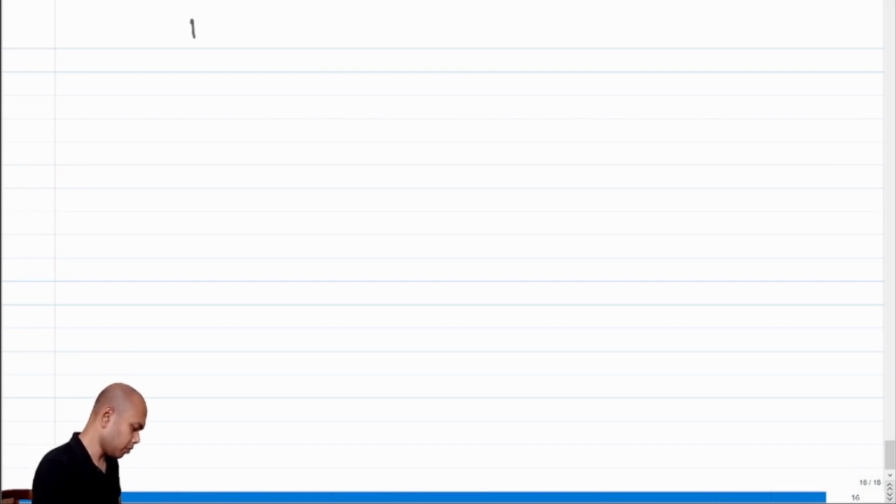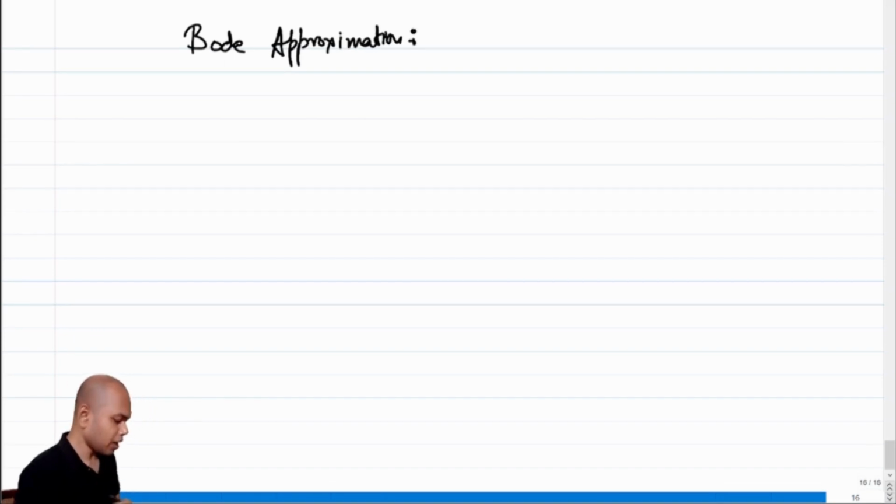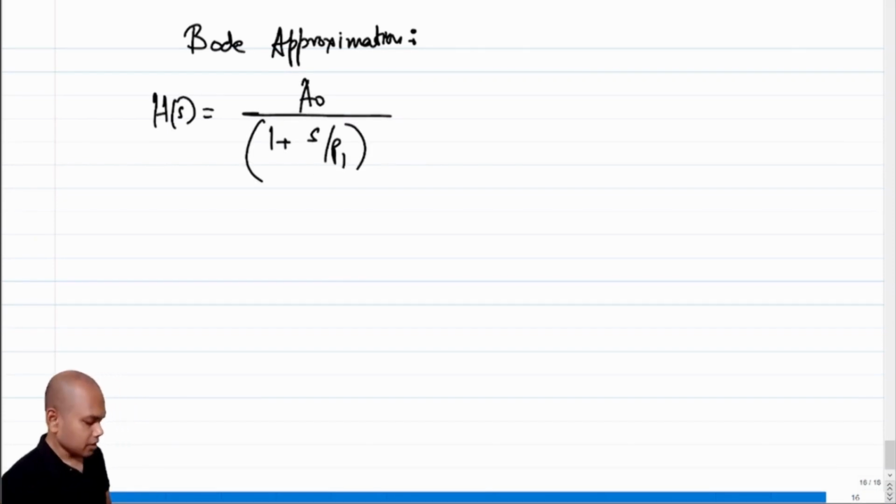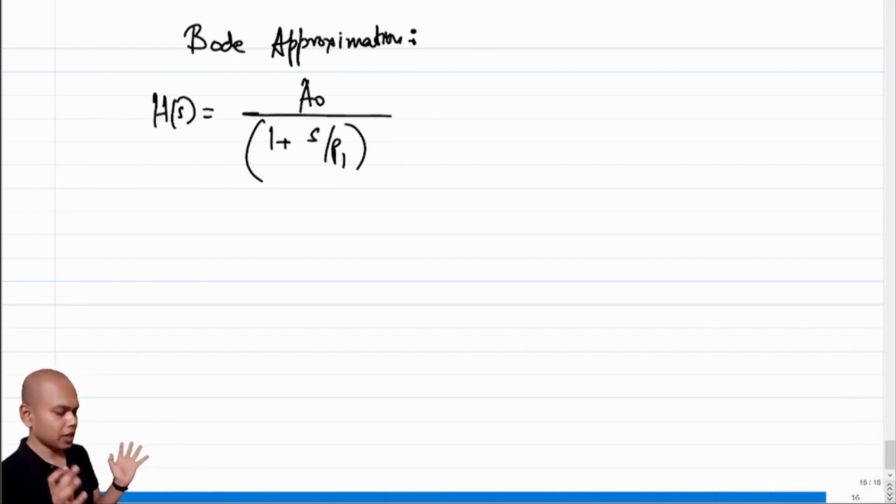What the Bode approximation essentially tells us is, if a transfer function H of s is of the form a naught by 1 plus s by p1, and let's assume p1 is positive now because we know it's a stable system, so there's no point in writing the modulus. We'll drop that negative sign and always assume that poles are in the left half plane, so we'll make our notation simpler.